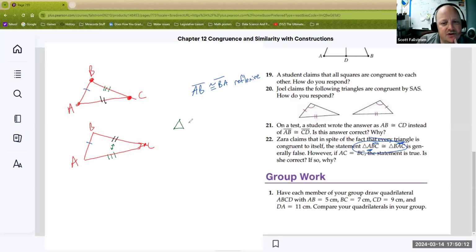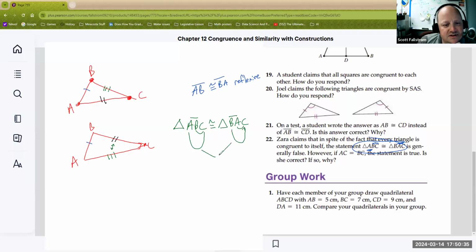So if we say triangle ABC is congruent to triangle BAC, then we already know that BA and AB are the same. The piece we need is that BC has to be the same as AC, and that AC has to be the same as BC.